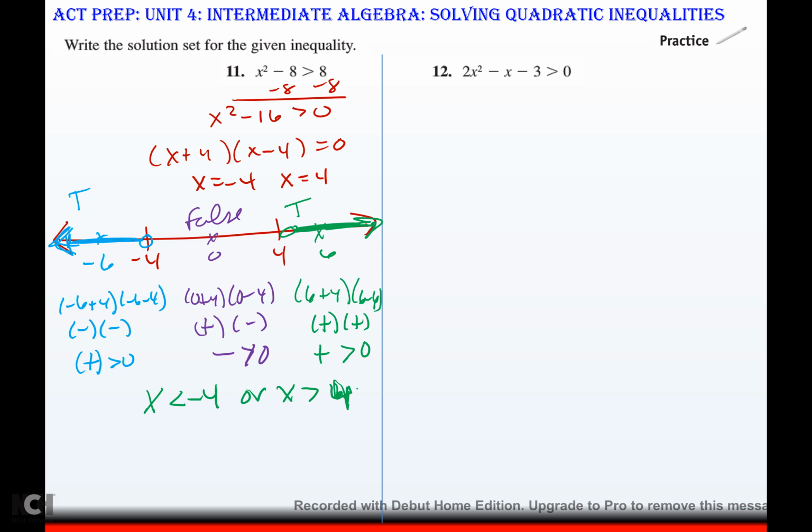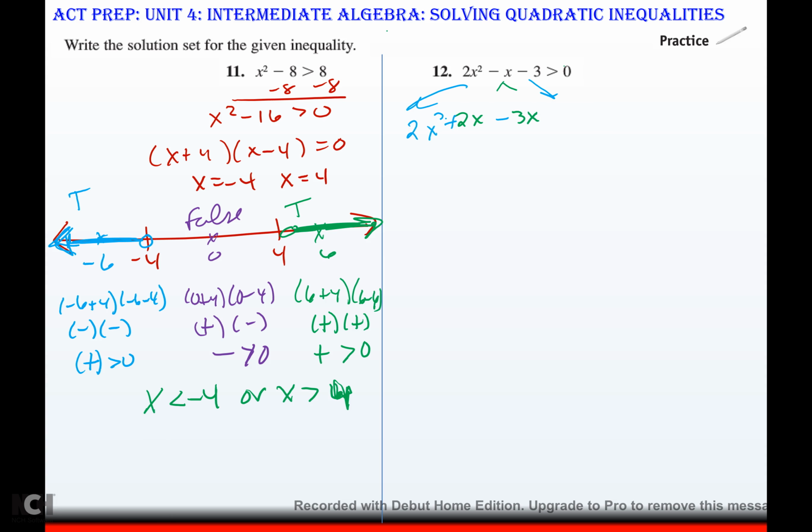Okay, 12, we're in quadratic form. So if I factor, 2 times 3 is 6. Factors of 6 that make 1 would be 2x and 3x. C is negative, so signs have to be different. 3x copies the middle. Bully gets the middle, and he don't. Drop your first and your last.